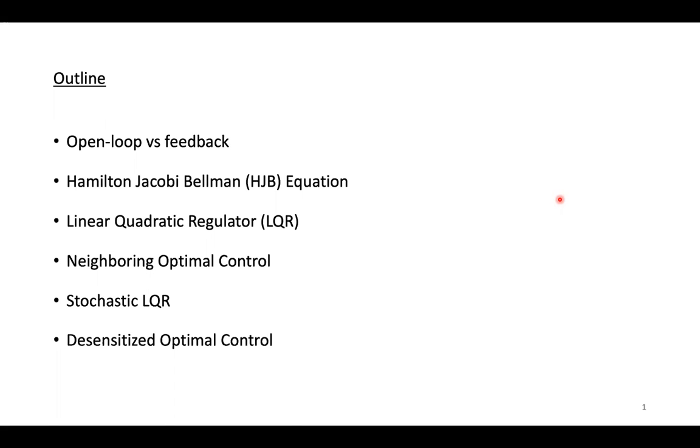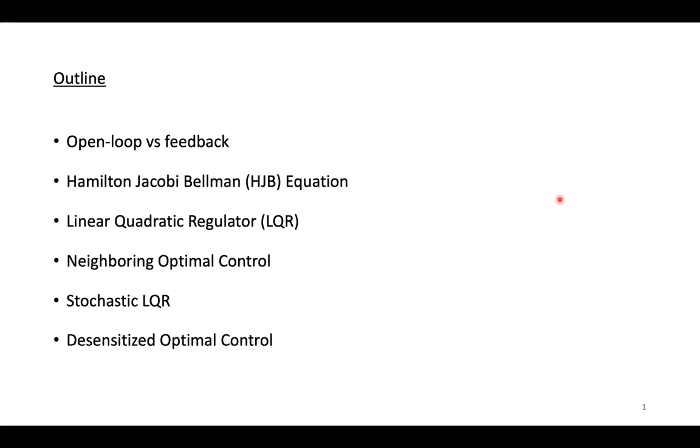And in search of a feedback controller, we would first discuss the Hamilton-Jacobi-Bellman equation, which I think Professor Kothari had introduced in the last lecture. Then we would move on to deriving the linear quadratic regulator using the Hamilton-Jacobi-Bellman equation. I know, again, Professor Kothari had a derivation explained in the last lecture, but this proof will be slightly different, and I hope it will give you more insights and a different perspective to understand LQR.